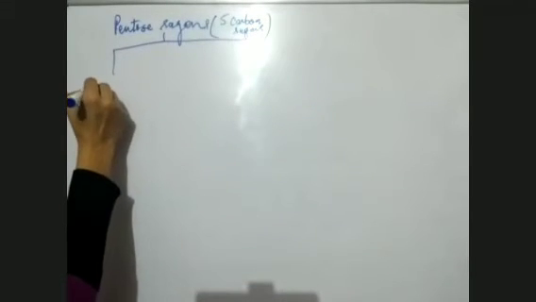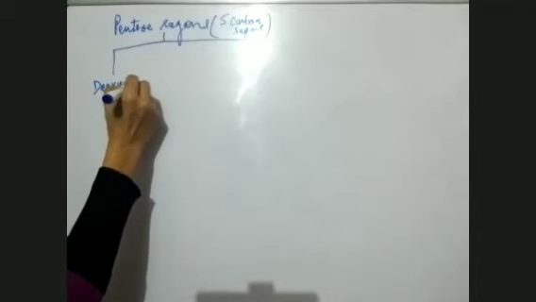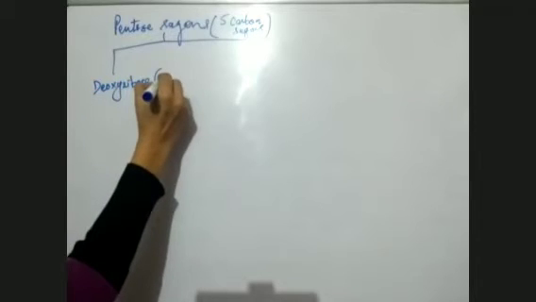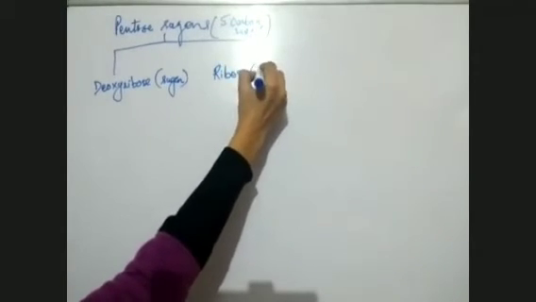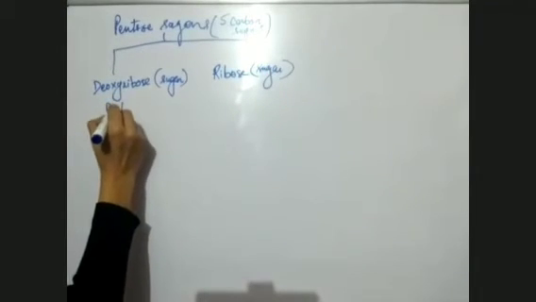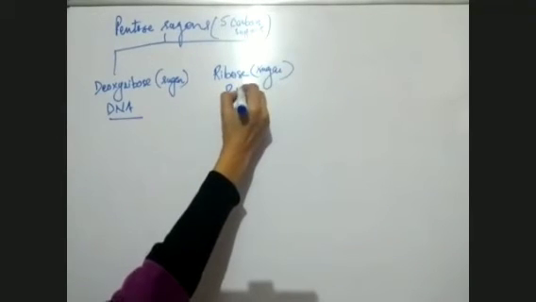This is of two types: deoxyribose, which is one type of sugar, or it can be ribose, which is another type of sugar. Both are sugars. Deoxyribose sugar is present in DNA and ribose sugar is present in RNA.